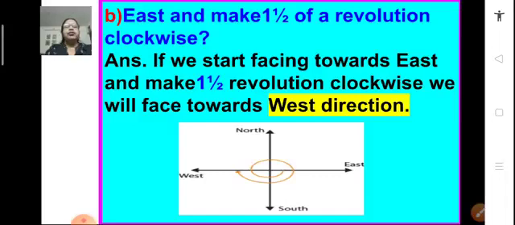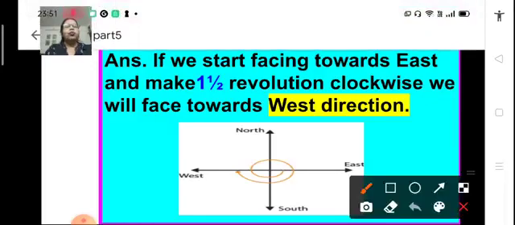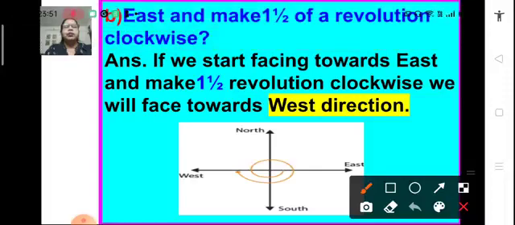B, if you are facing east and making 1 1/2 revolutions clockwise. Here we have to understand that 1 1/2 revolutions means 1 complete revolution, that means a 360 degree angle, and another half revolution, that means a 180 degree angle.